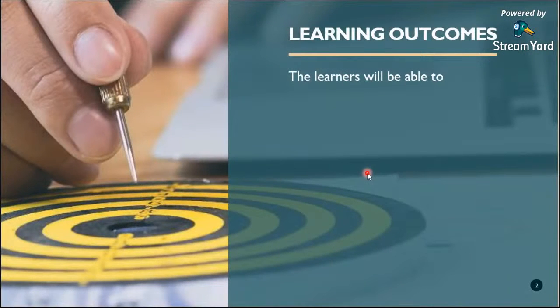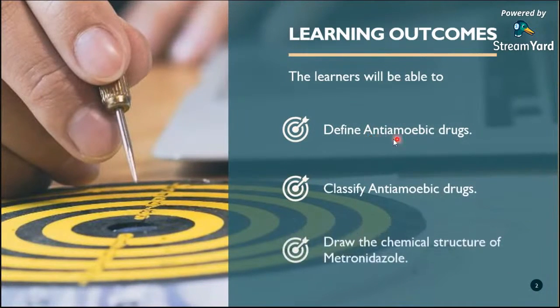The learning outcomes of this lecture are: after completion, you will be able to define the anti-amoebic drugs, classify anti-amoebic drugs, and draw the chemical structure of metronidazole.